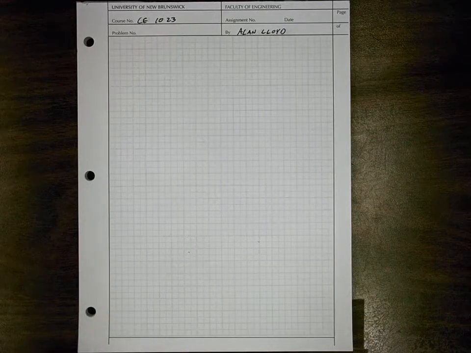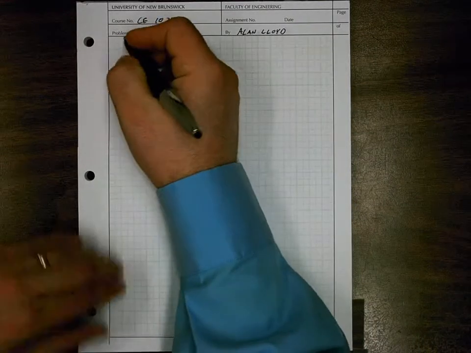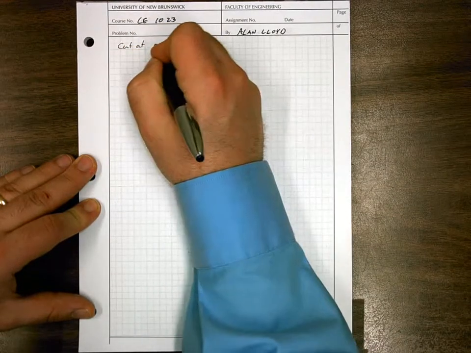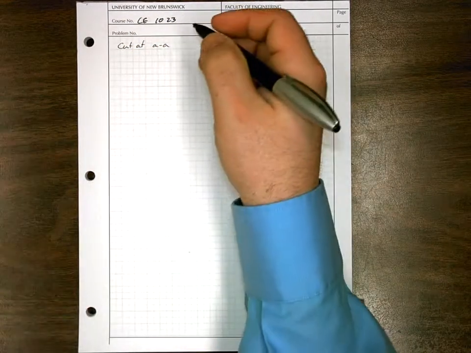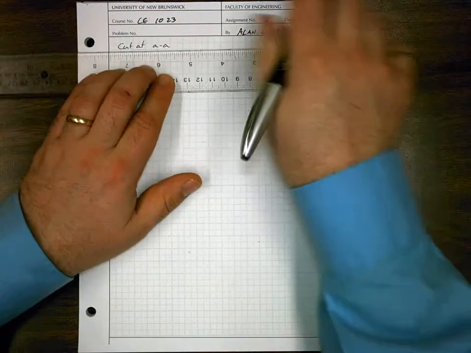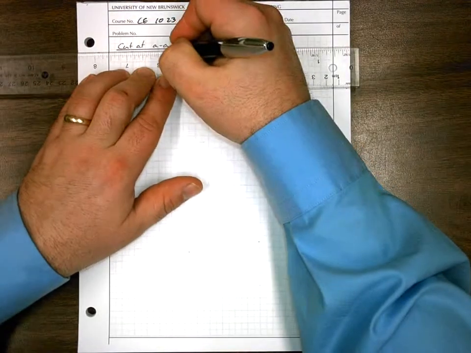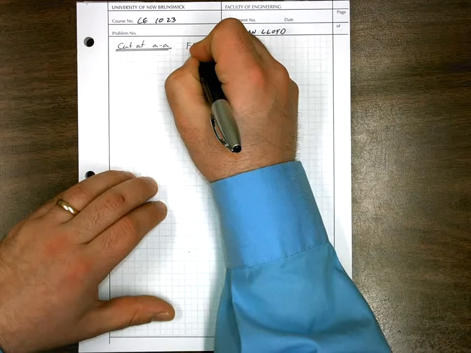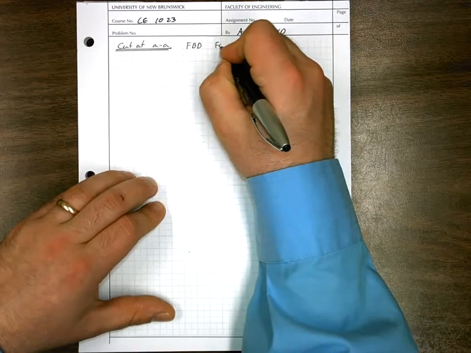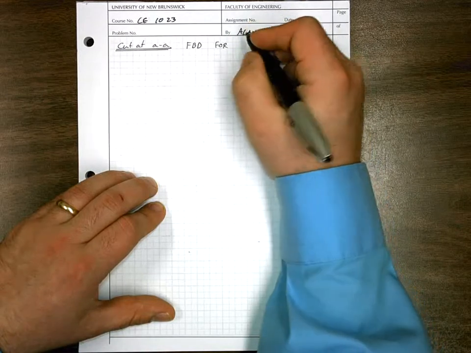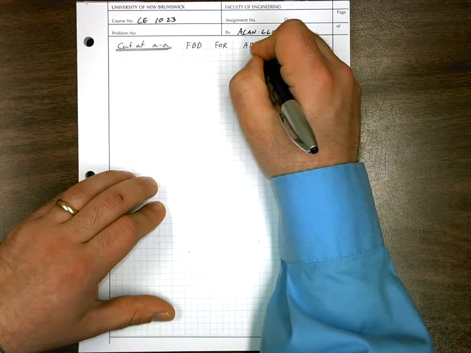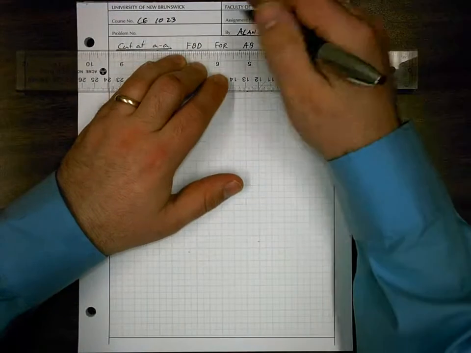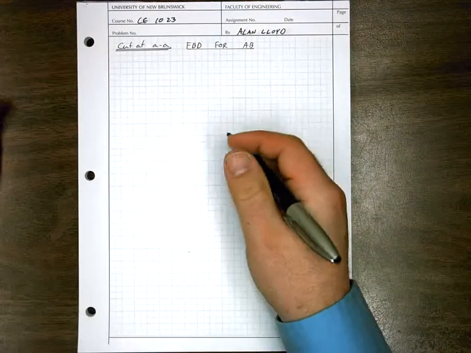We're going to cut at AA, and then we'll draw a free body diagram for member AB. And that will allow us to begin to solve for some of our unknowns.